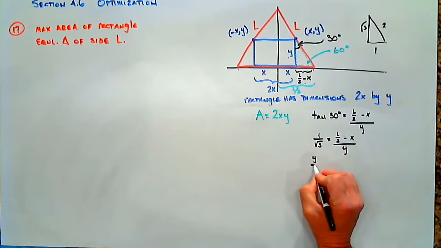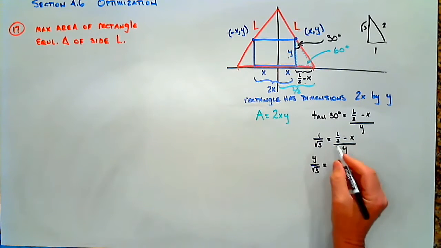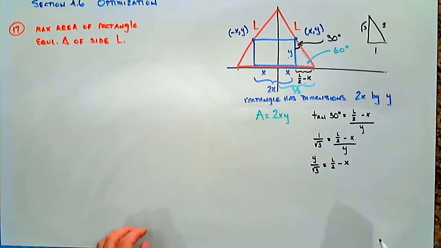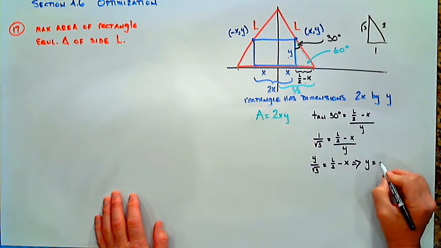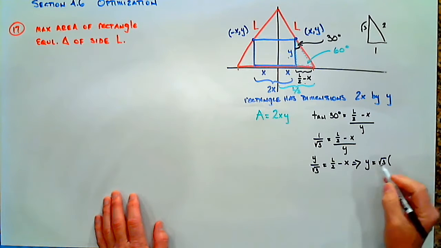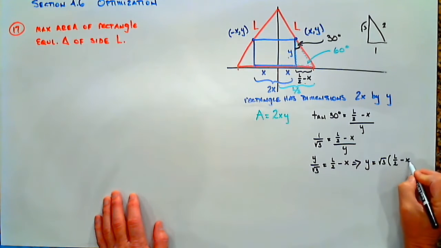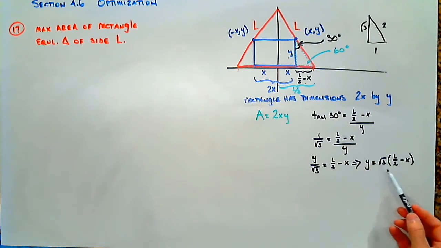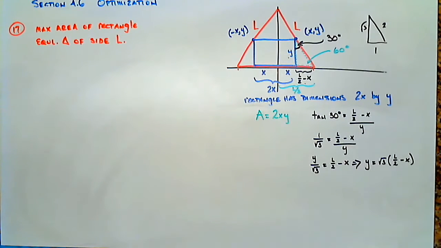We get y over the square root of 3 is equal to L over 2 minus x. And now if we simplify that, we get y equals root 3 times L over 2 minus x. And there we go. We have rewritten y in terms of x using our 30, 60, 90 triangle.